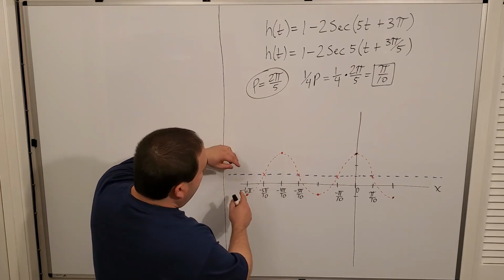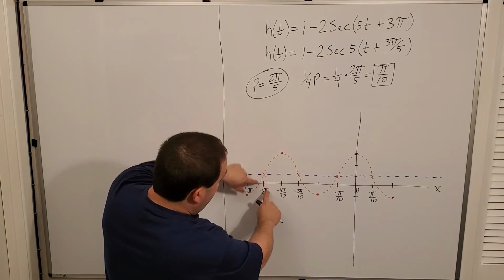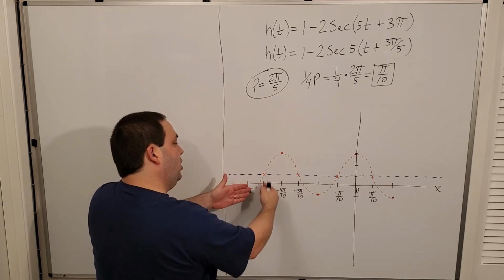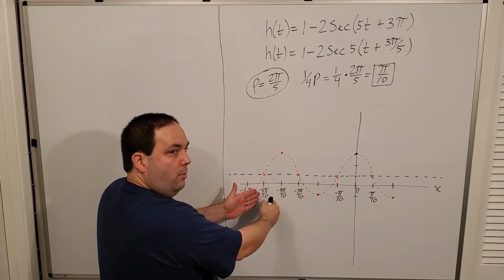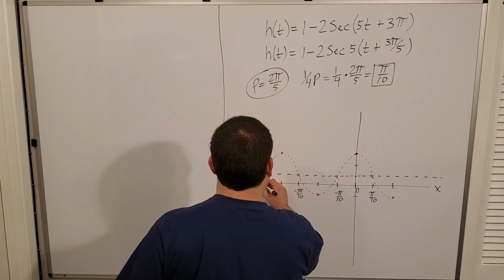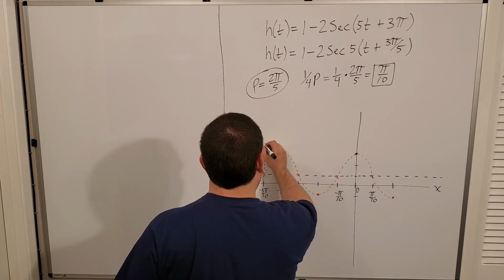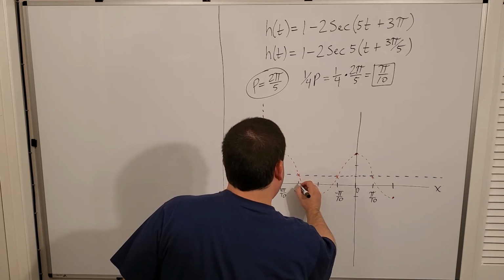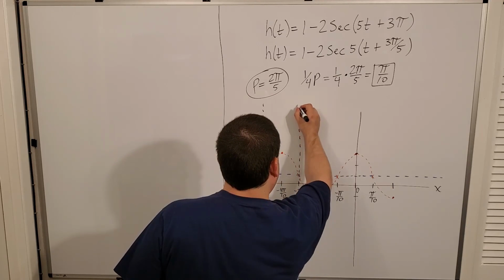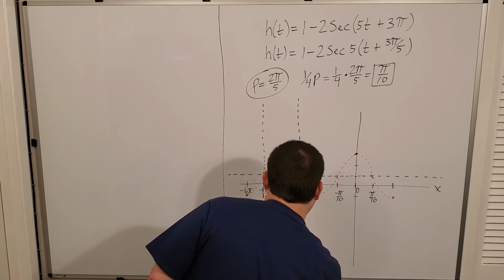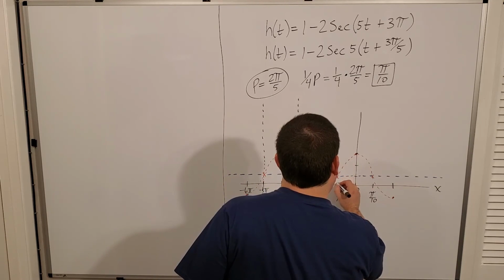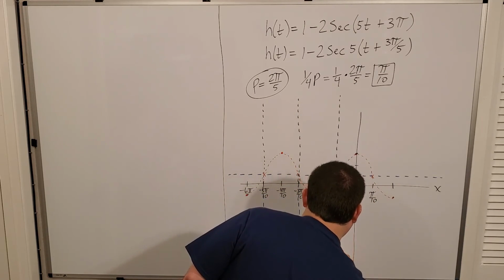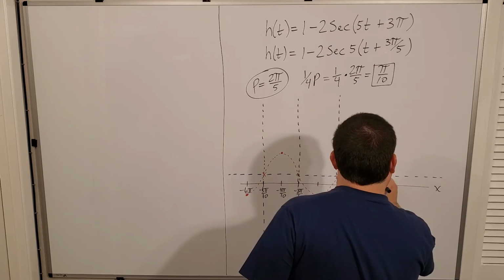That's going to happen every time it goes through the center line, not where it goes through the axis, where it goes through the center line. So it's still on that important quarter number that I've listed there already. This is going to be an asymptote at -5π/10, at -3π/10, at -π/10, and at π/10.